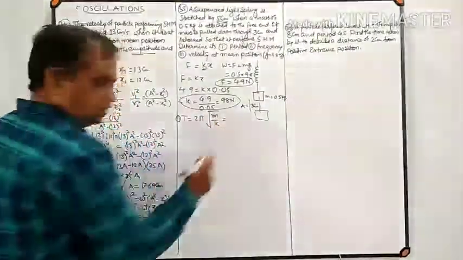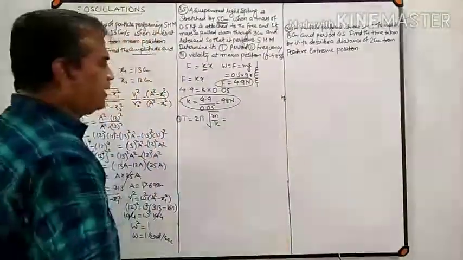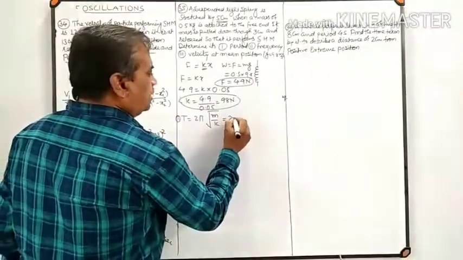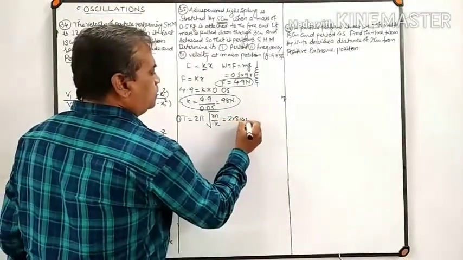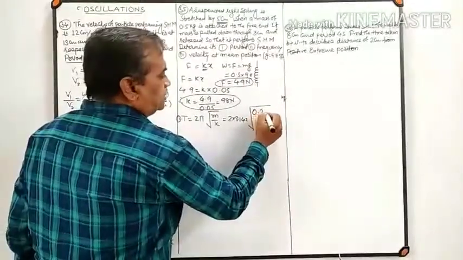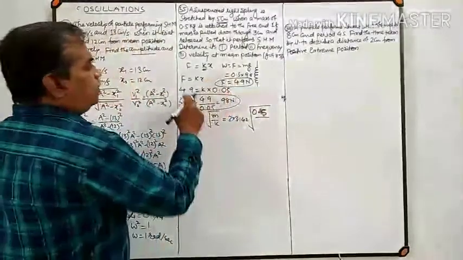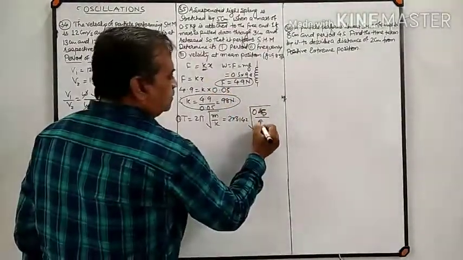That is equal to 2 into 3.142 into under root of mass of the block, 0.5, divided by the value of k we had obtained, 98.